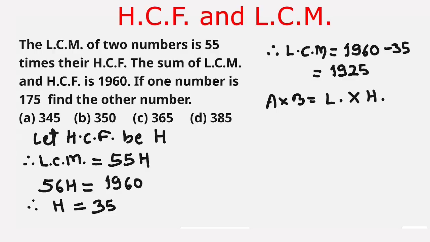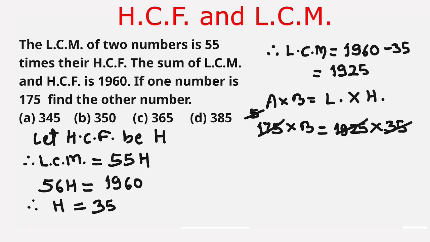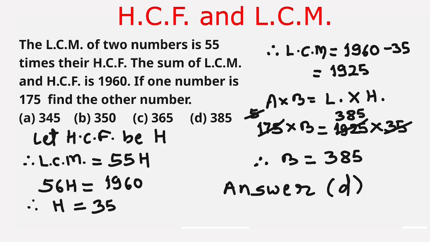It means that one number given to us is 175 multiplied by B equal to LCM equal to 1925 multiplied by 35. 35 cancels 175 for 5 times and 5 cancels 1925 for 385 times. Therefore, the other number is 385. And from the given options, our answer is option D, 385.